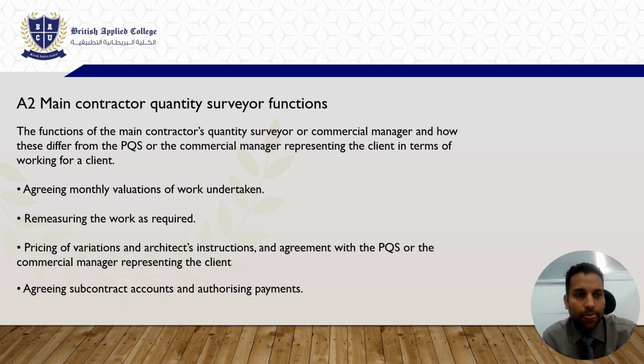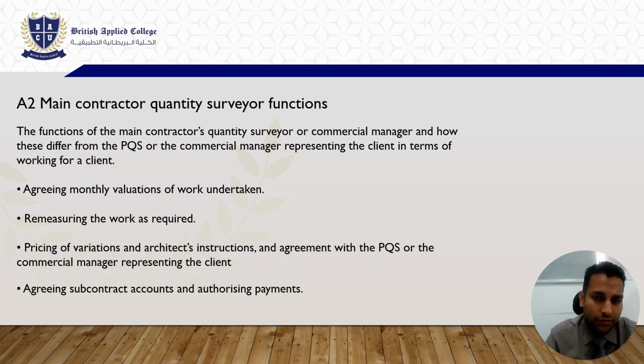The basic function which the quantity surveyor does for the contractor is to agree the monthly valuation of the work which he has undertaken. The monthly valuation generally comprises the labor, the cost of the material, the cost of the labor, and it also includes variations.